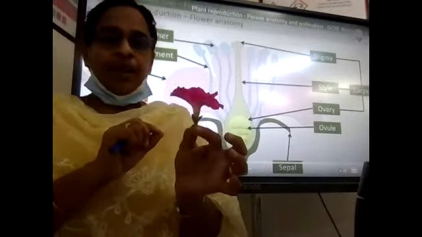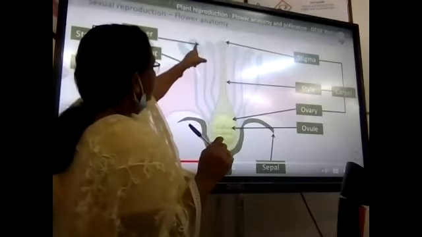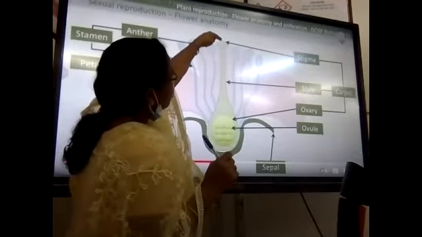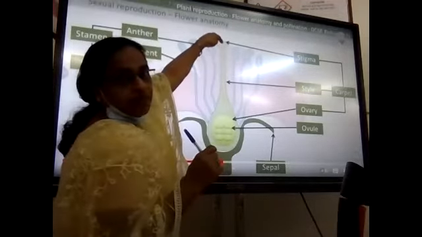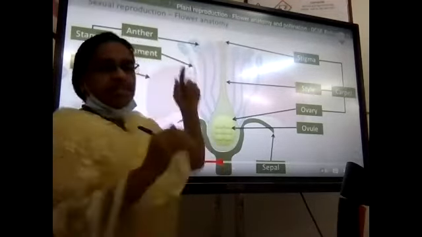So from the anther, the male sex cell, that are the pollens, they are falling on the stigma. Stigma is sticky. And once the pollen falls, because it is sticky, the stigma will catch them.